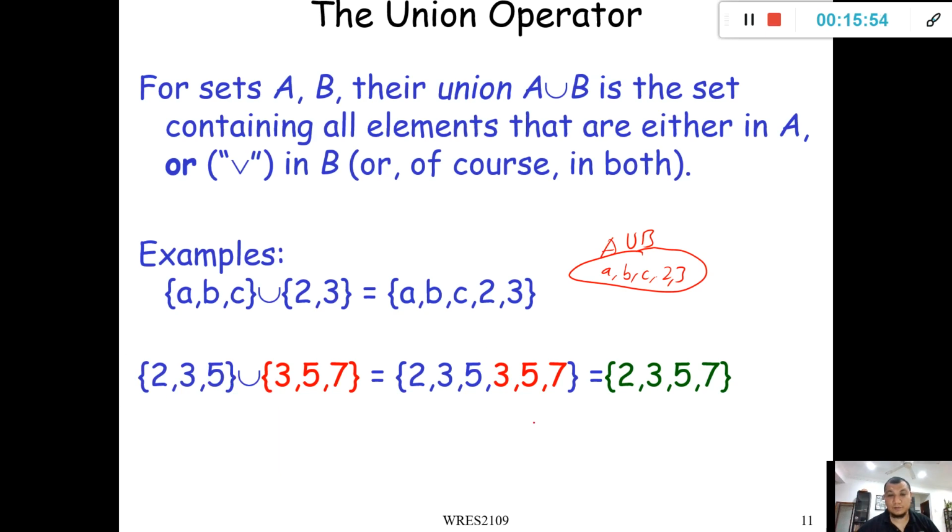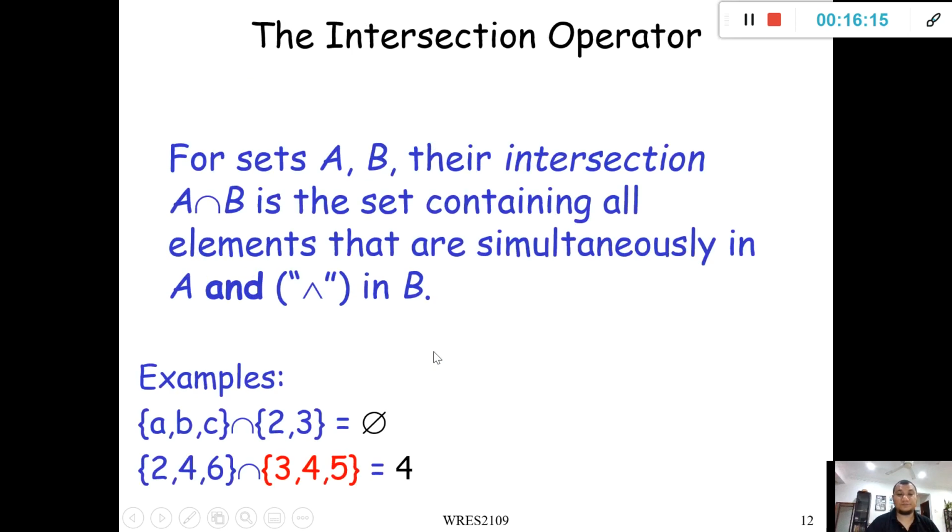So you have here two sets. You have 3 here, and then you have here 3 and 5, I guess. Sorry for that. And you have here 7, and you have here 2. So 2, 3, 5, 7; 3 and 5 is the intersection. So this is a union. You include all of this in the set.